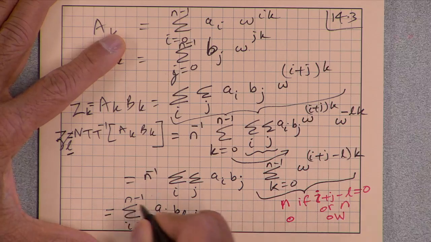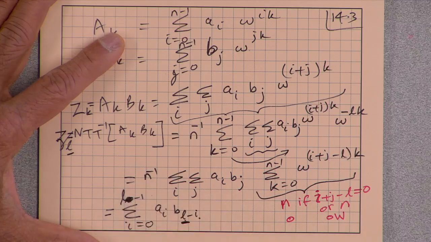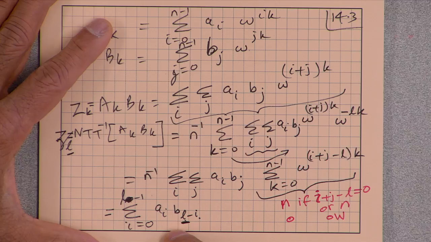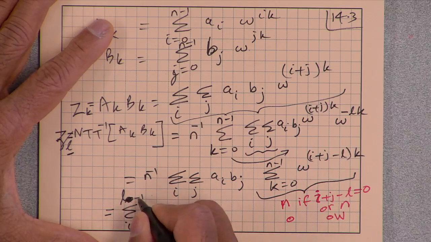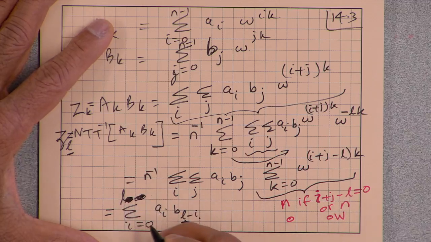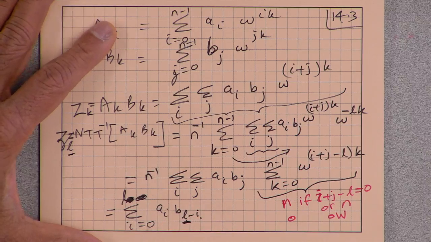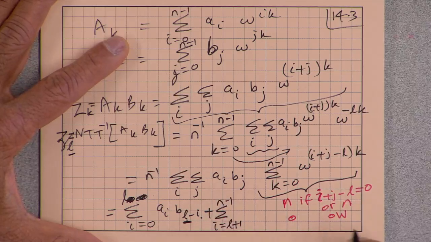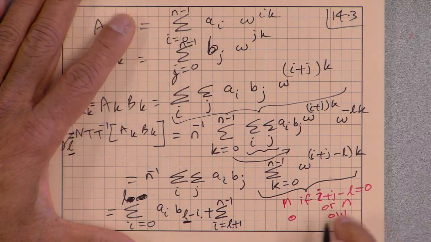One way to think about that is to write it as two sums, I equal to 0 to L minus 1. If I is 0, then this is A_I B_L, which would be B8 in this case. If I is equal to L, then that would be A8 B0 in our example of L equal to 8. Plus, for I equal to L plus 1 to n minus 1, take the condition that I plus j minus L is equal to n.